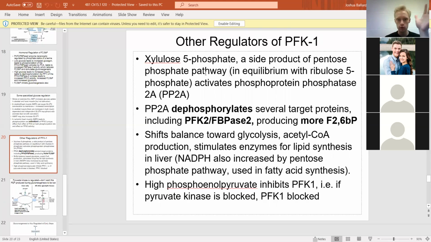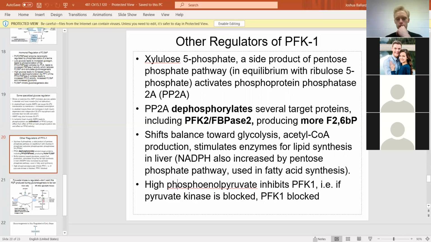So just to review, xylulose 5-phosphate activates PP2A, and PP2A dephosphorylates this complex, and that complex allows more production of fructose 2,6-bisphosphate. So indirectly, xylulose 5-phosphate stimulates glycolysis. That's what we can learn from this process. It shifts balance towards glycolysis and acetyl-CoA production.